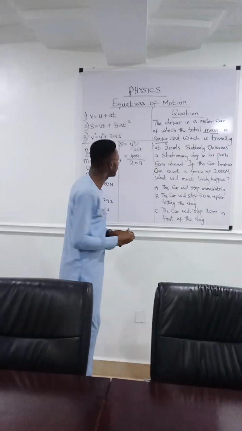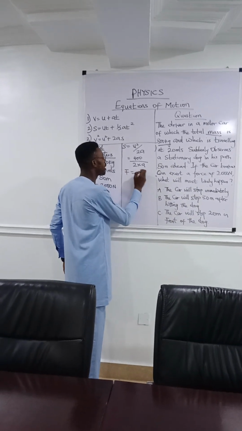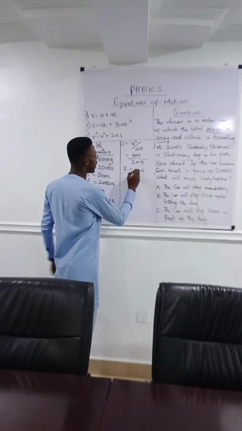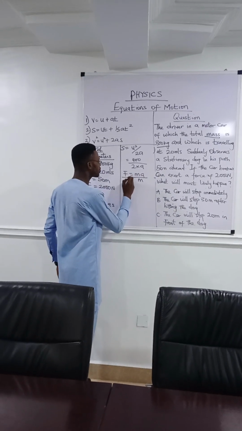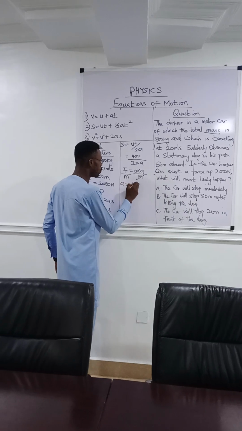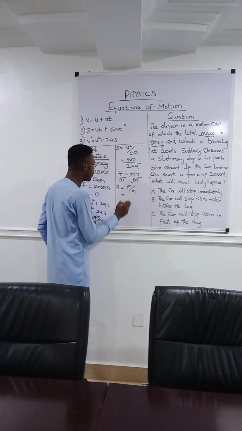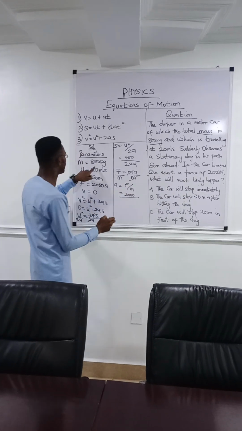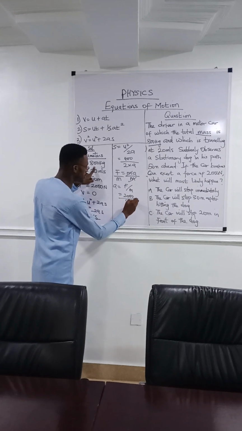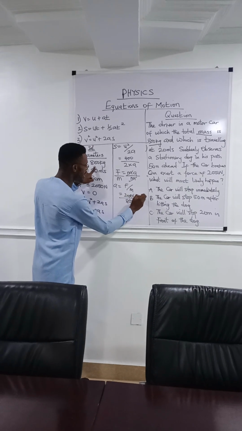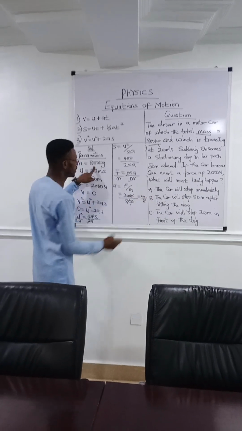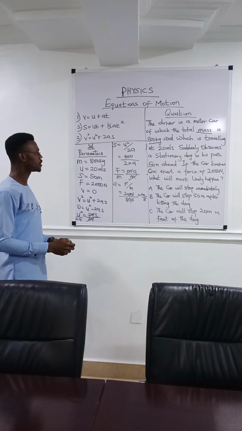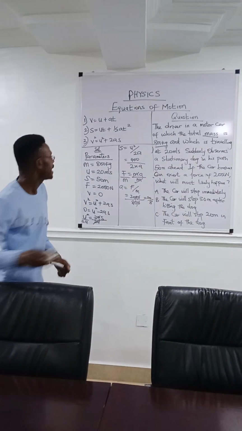Newton's second law of motion: F is equal to ma. I divide both sides by m, so my a is equal to F over m. What is my F from the question? 2000. What is my m from the question? 800. This takes care of this, so I have 20 over 8. So my acceleration is equal to 20 over 8.